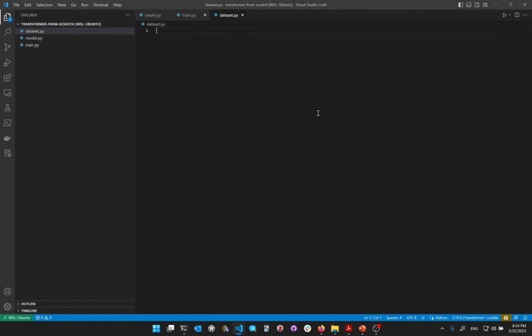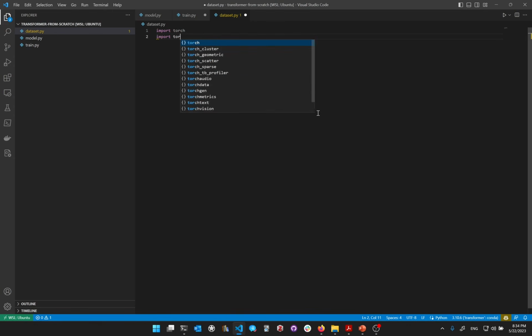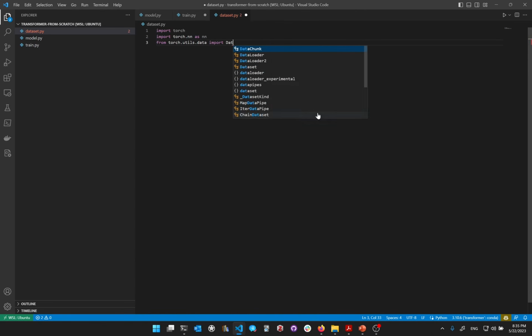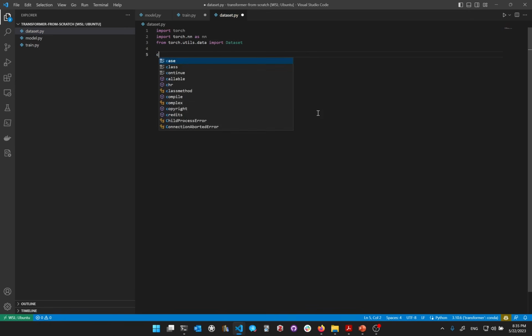Also here we import Torch, and that's it. We will call the dataset BilingualDataset.